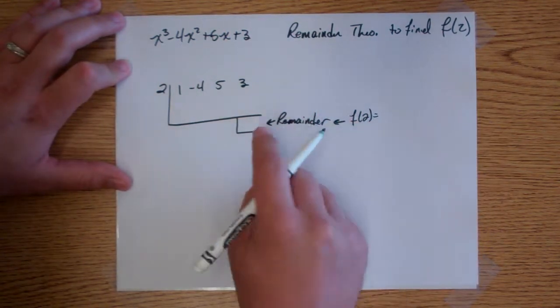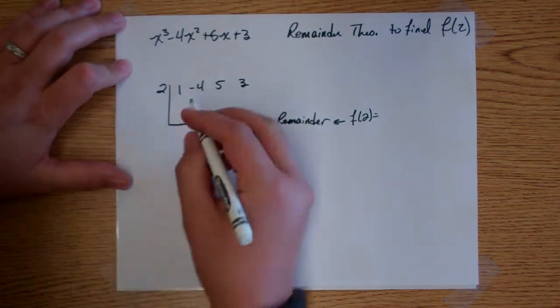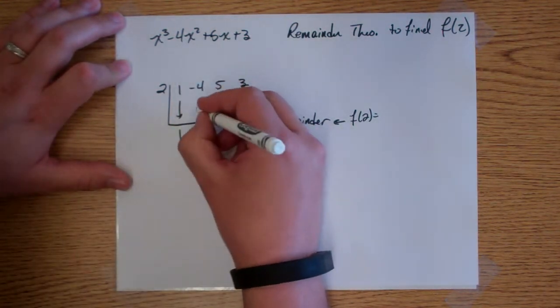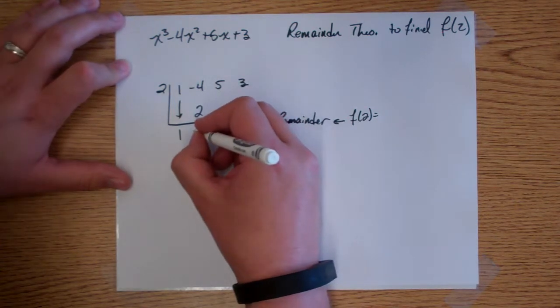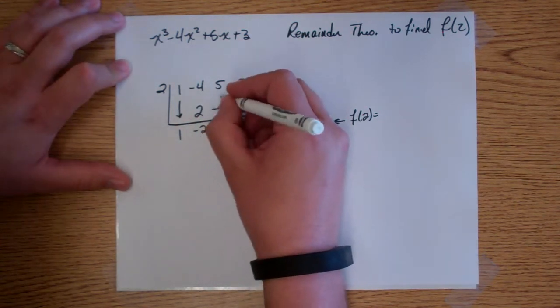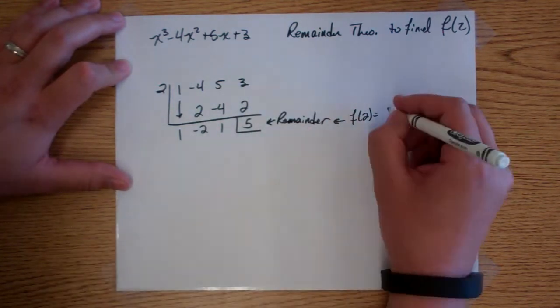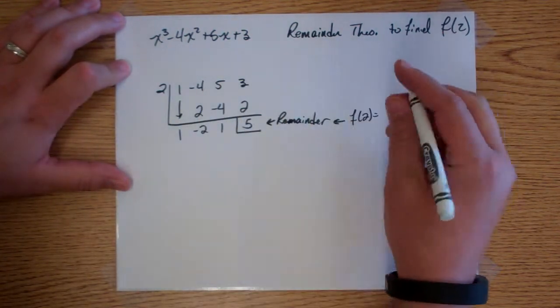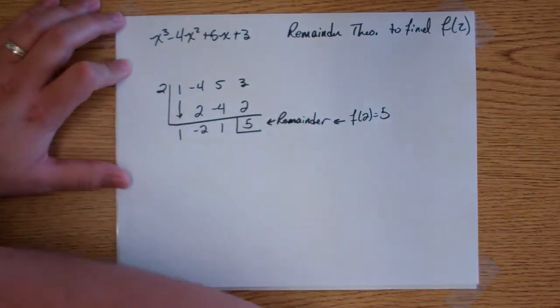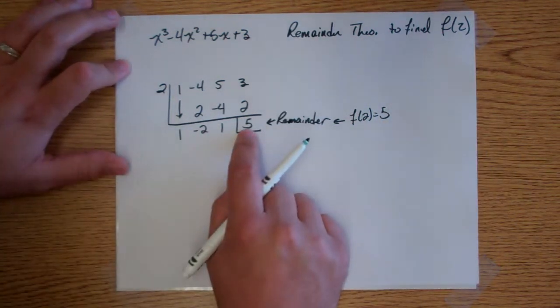So bring this down, 1, 2, add, -2, -4, add, 1, 2, add, 5. So f of 2 for this polynomial is 5, because that's what we got for our remainder.